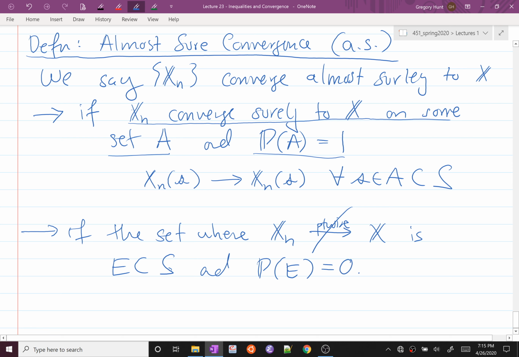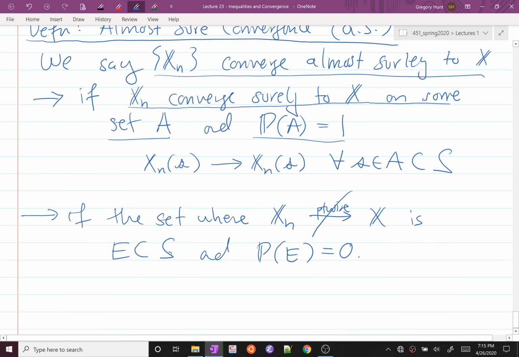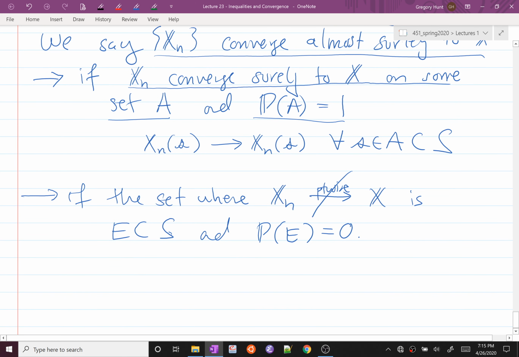So the converse way of thinking about this, and they're strictly speaking kind of complements of each other in the probabilistic sense, is that if I look at everywhere where X_n doesn't pointwise converge to X, and that set is small, what I mean by small is the probability of being in that set is 0, I don't really care. Then I'm still going to say X_n converges almost surely to X. So that's the major idea.